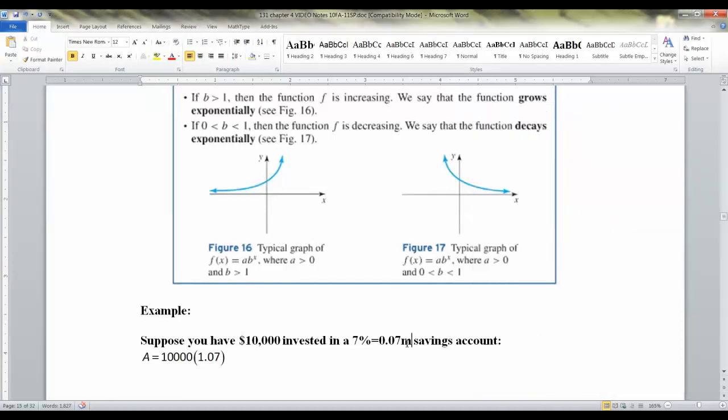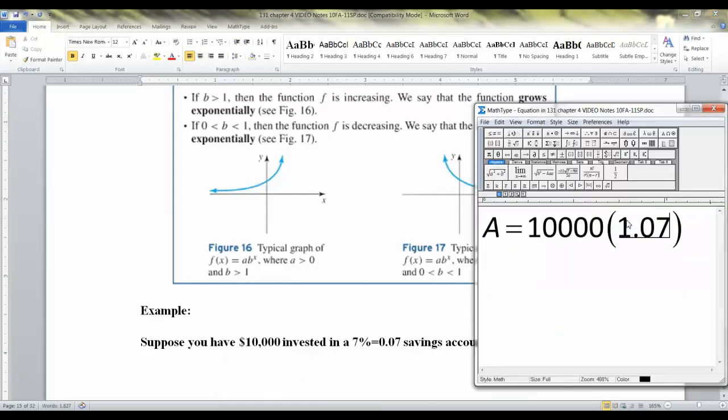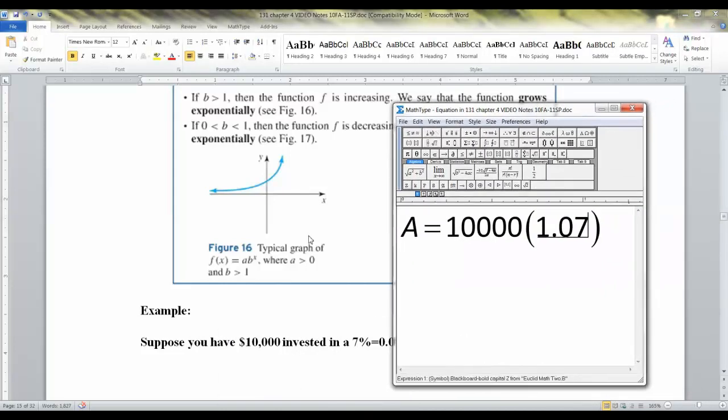So let me just reiterate. You have 10,000, so that's your starting amount right there. And then you have your base b, and it's got to be 1.07. The reason being, you need it to be larger than 1. 0.07 is not larger than 1. 0.07 would mean you're losing money, right? Every year you have 7% of your 10,000, but you don't want to say that. You want to say, hey, I've got the 7% plus 100% of what I originally had.